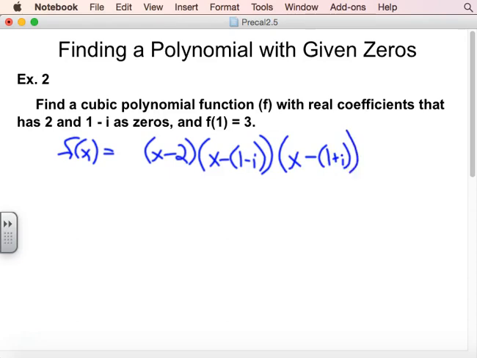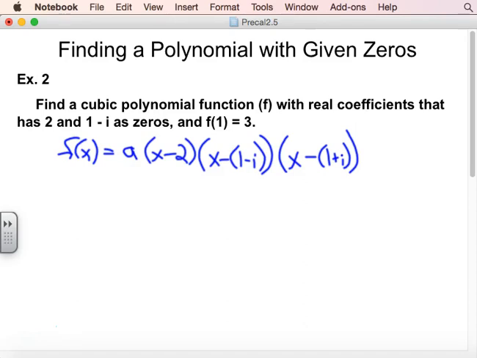All right. So now the only thing we need to worry about is that we have to have some kind of lead coefficient out here. We don't know what that is, so we're just going to put a for the moment, and we'll figure out what it is in a second. So now we want to multiply and FOIL everything out to get the factors to go away and have it as simplified as possible.